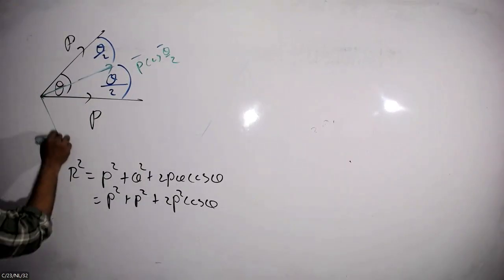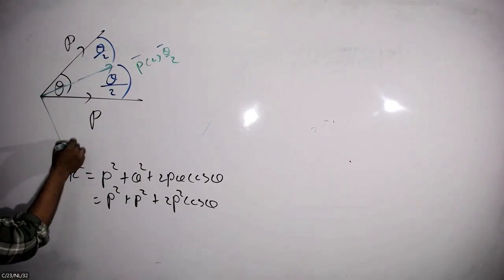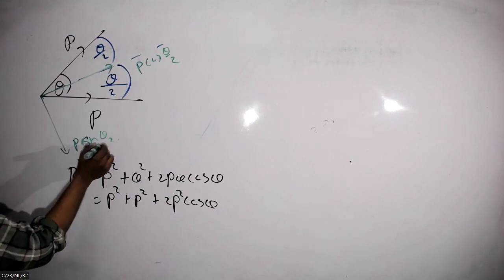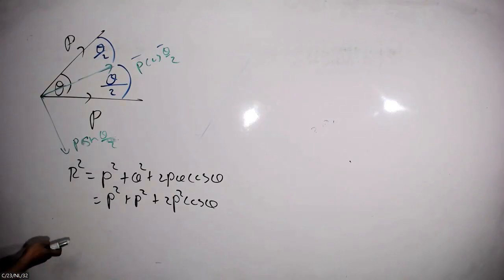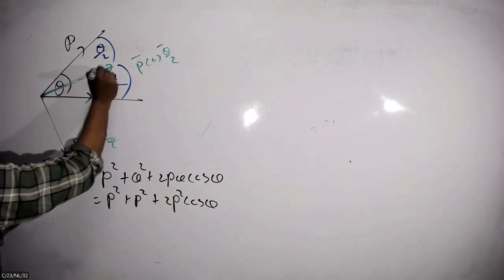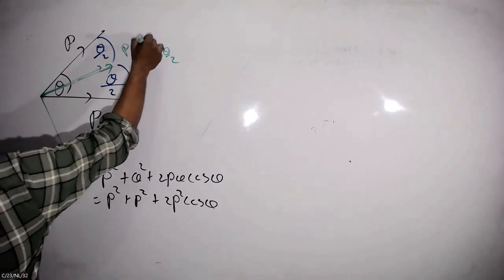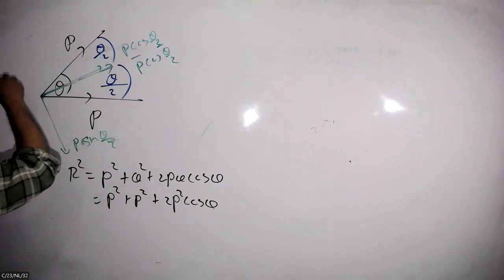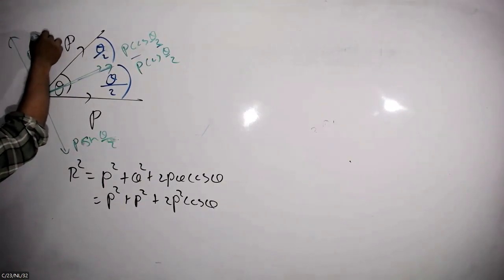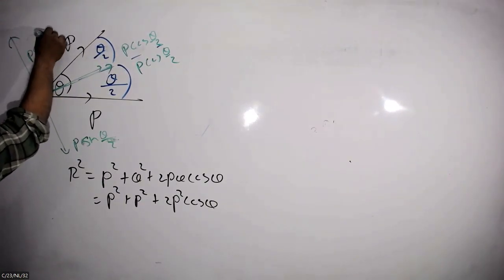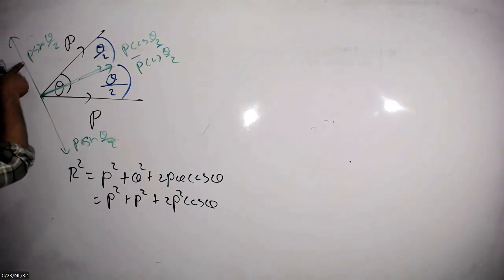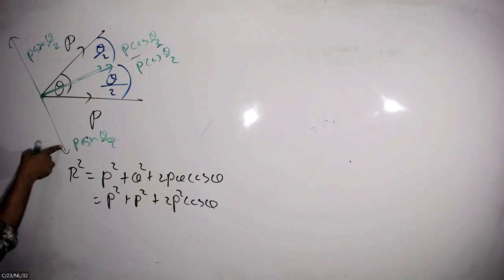The other, perpendicular component is p sin theta over 2. Again, you can consider the component of this force. This one is p cos theta over 2. The other component is the perpendicular component, p sin theta over 2. Okay, now you can observe that these 2 forces are acting in opposite directions.